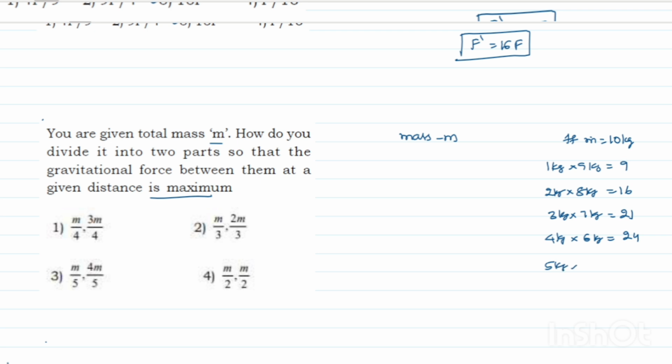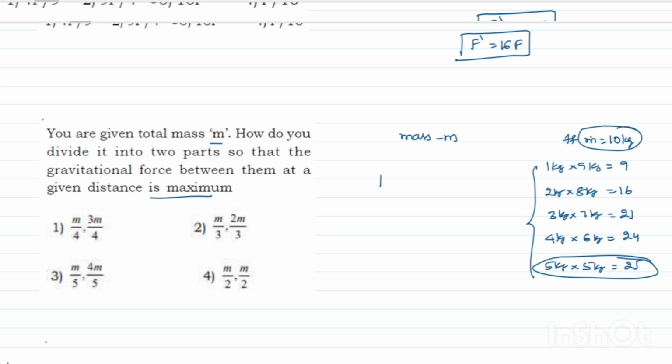If I am dividing as 5 kg and 5 kg, it becomes 25. Again the next possibilities are 6 kg and 4 kg, then 7 and 3, like that. So among these possibilities, the product value will be maximum if you divide the total mass into equal parts.